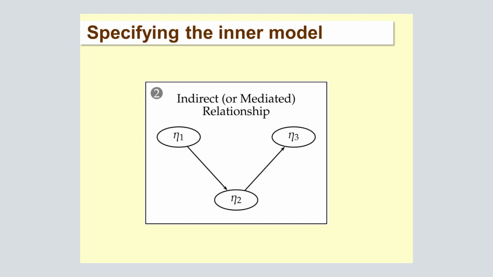Indirect, or so-called mediated relationships, are characterized by the fact that two variables are not connected directly, but via a third variable. In this example, the relationship between eta 1 and eta 3 is mediated by eta 2. So we have a direct effect from eta 1 to eta 2 and from eta 2 to eta 3, but no direct effect from eta 1 to eta 3.